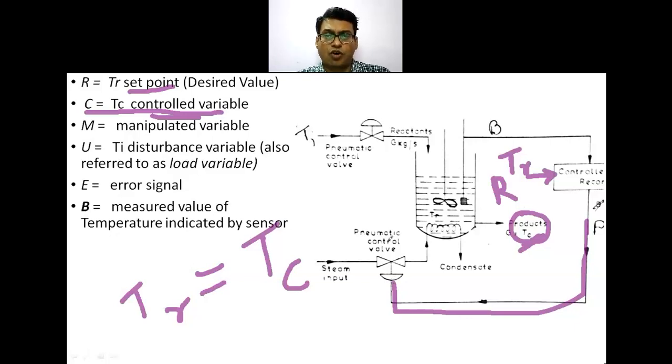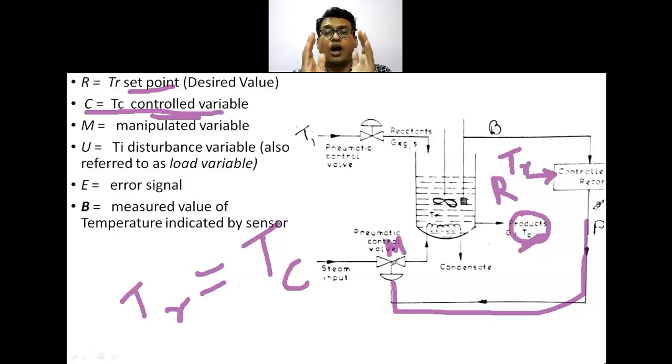So this is what M, the manipulated variable, is: nothing but the position of the final control element, the position of a control valve.